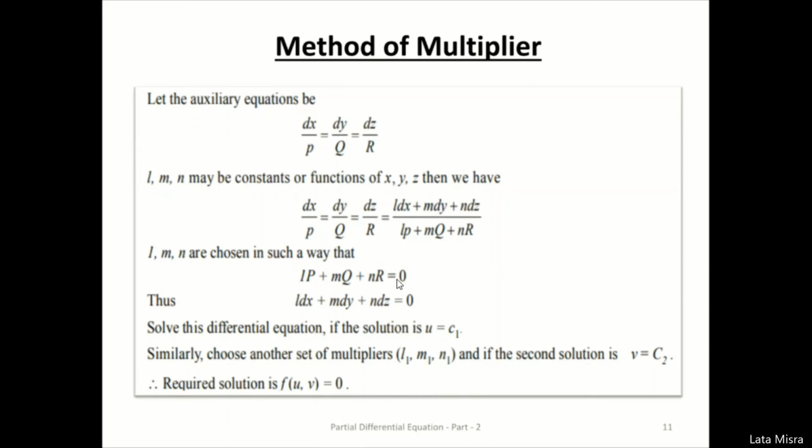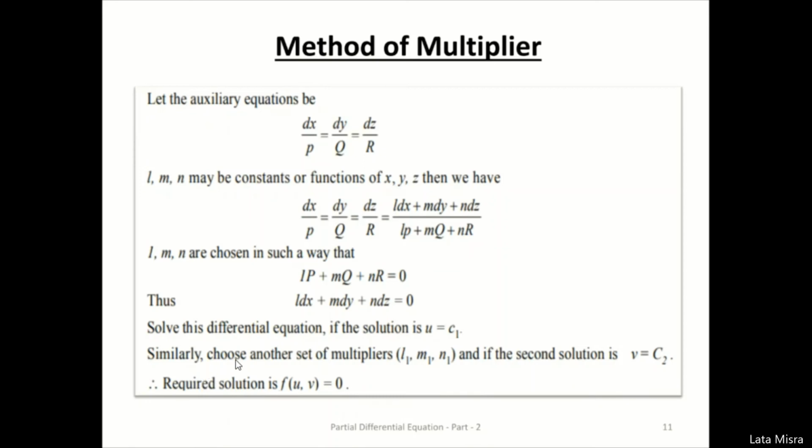So when we solve the last two terms, dz/r and (l dx + m dy + n dz)/0, we get l dx + m dy + n dz = 0, and when we integrate this we get u = c1.